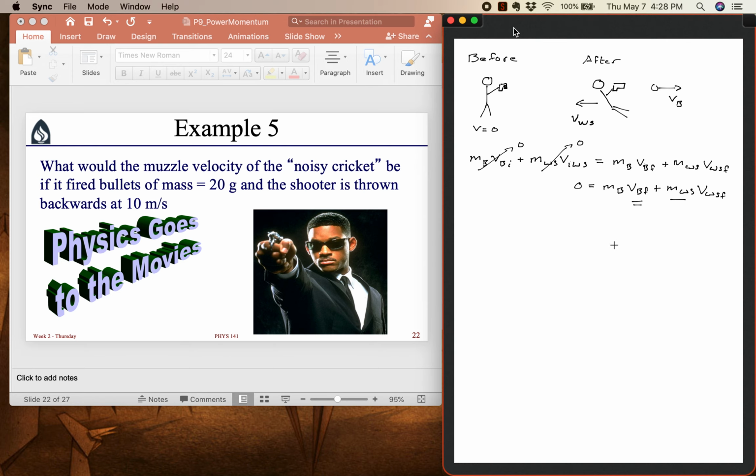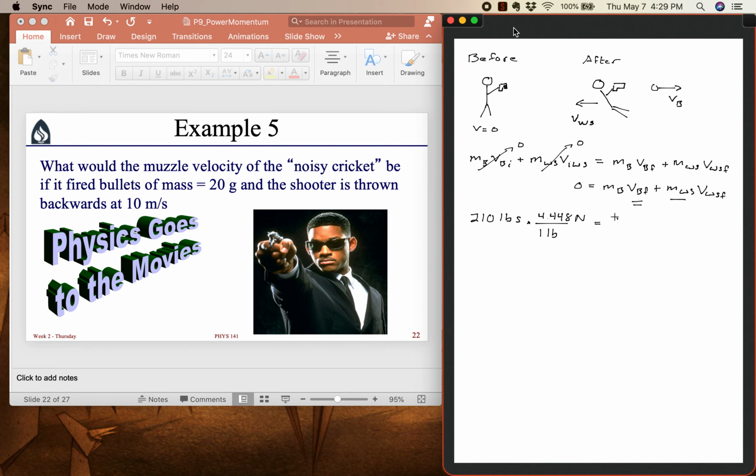Well, fortunately, the internet knows all things, including Will Smith's weight around the time this movie was filmed. And according to these interwebs, Will Smith's weight was 210 pounds. We need to convert that eventually into kilograms, but this is a weight, so we need to first convert it into newtons, since newtons is the SI unit for weight. 1 pound is equal to 4.448 newtons.